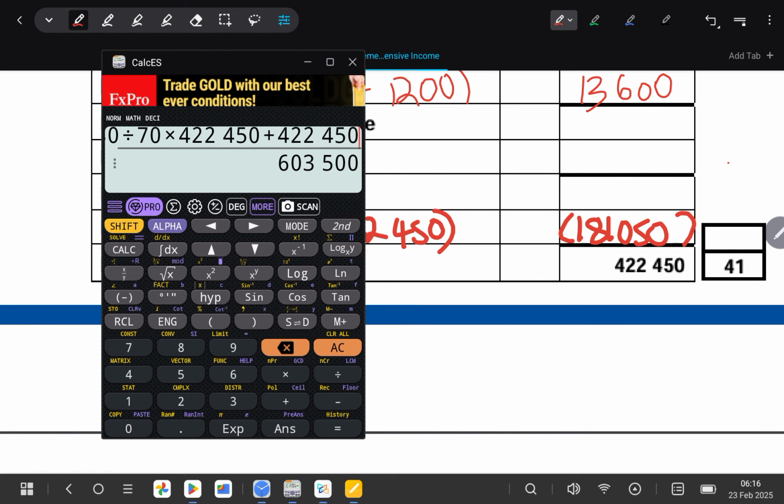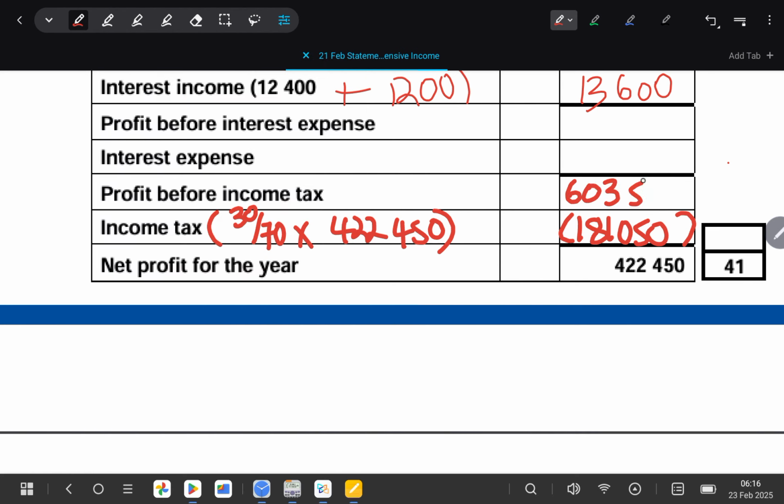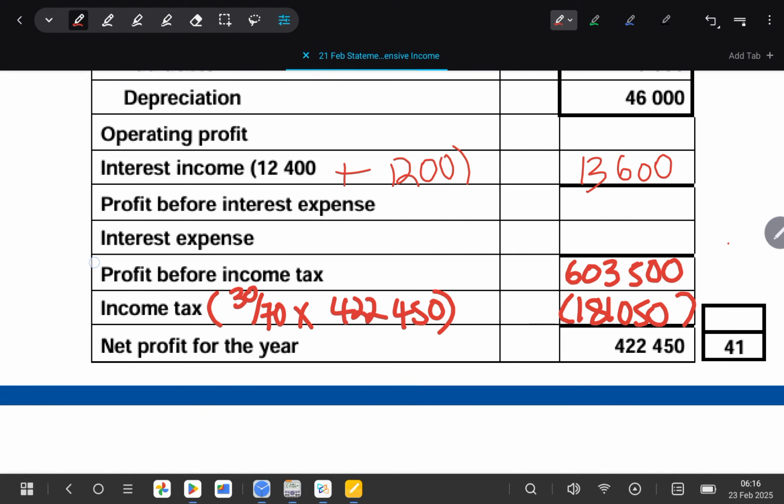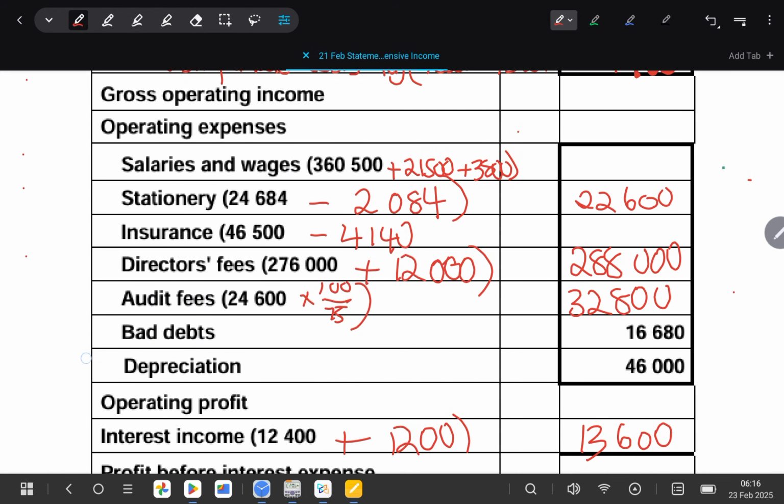It gave us 603,500, but let's confirm. So here, if we say 422,450 plus 181,050, we're getting 603,500. Okay, so let's now enter the info. We are done dealing with adjustments. Let's enter our final figures.